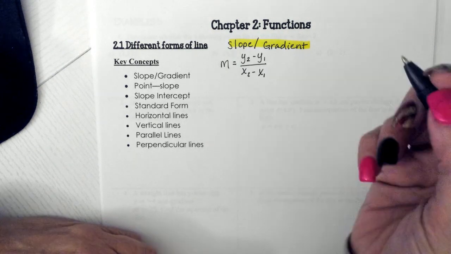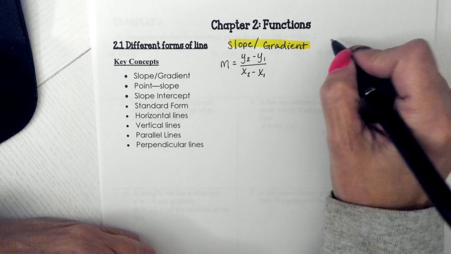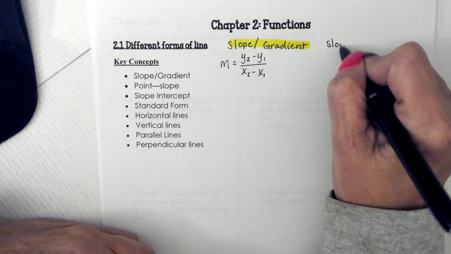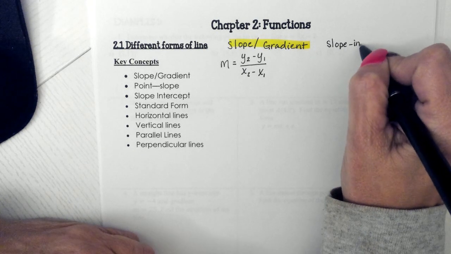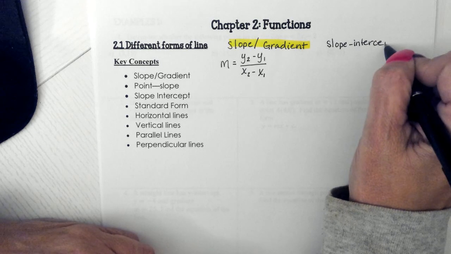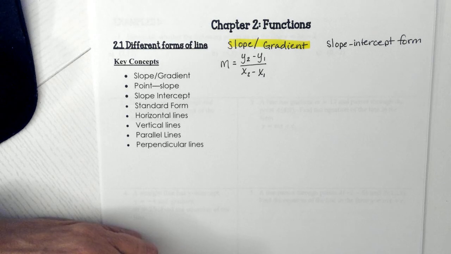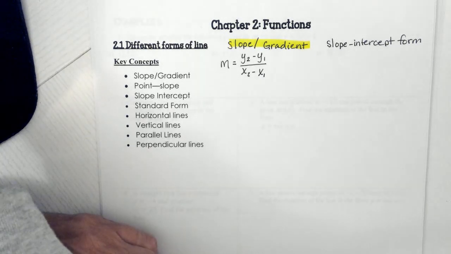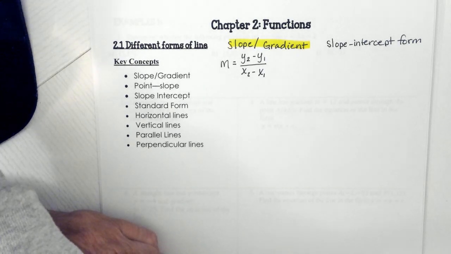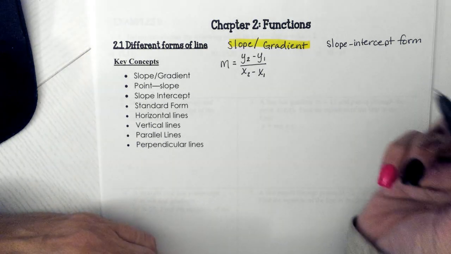All right. So the other thing we're going to have is slope-intercept form of a line. But of course, IB isn't going to say the word slope. They're going to say the word gradient.